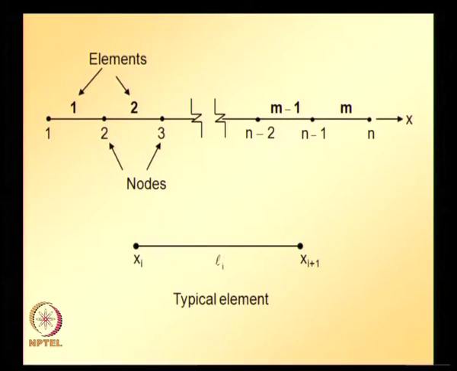The x coordinate of the ith node is xi, the x coordinate of the i plus 1 node is xi plus 1, and the length of this element is Li.